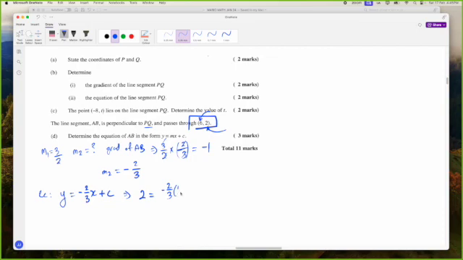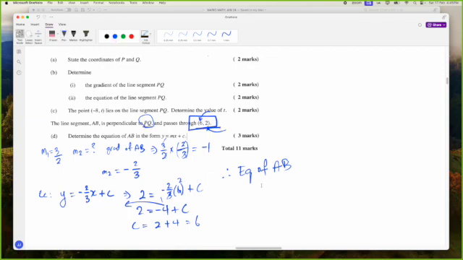So I'll put 6 here plus c. So 2 times negative 2 is negative 4 plus c. I throw across that. So c is going to be 2 plus 4, which is 6. So therefore, the equation of the line AB, which is perpendicular to PQ and passes through that point, implies y is equal to negative 2 on 3x plus 6.